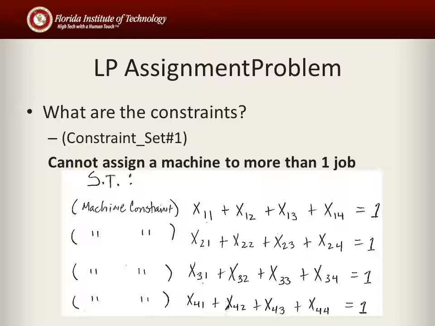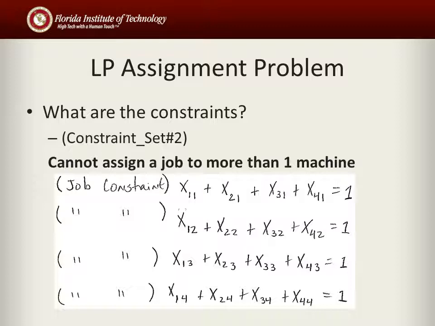So let's look at constraint set number 2. It specifies that you cannot assign a job to more than one machine, and this takes care of the problem we just saw. The previous set of constraints deals with the jobs assigned to each of the machines, so a machine cannot work more than one job. This one says that a job cannot be assigned to more than one machine.